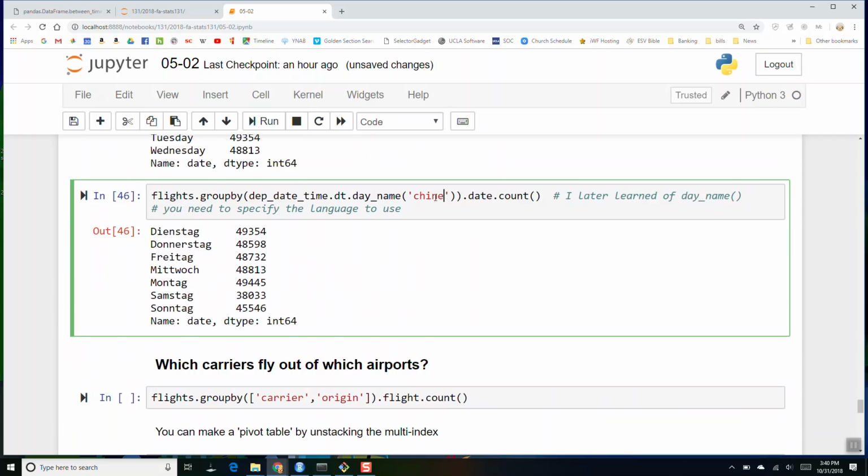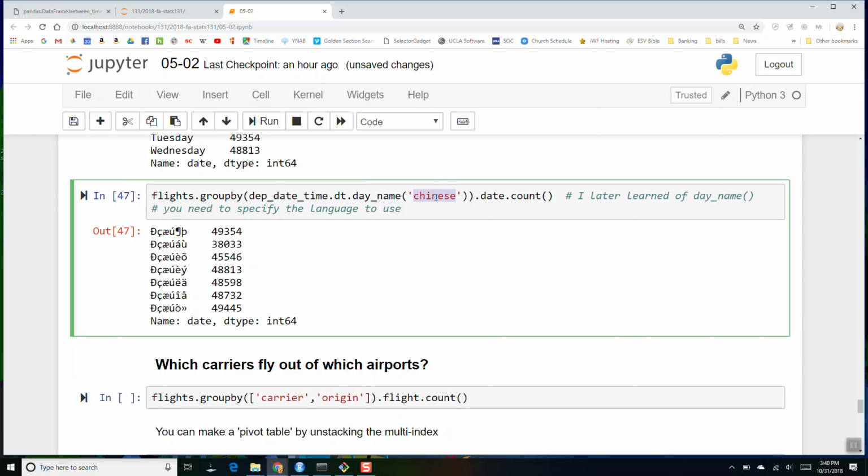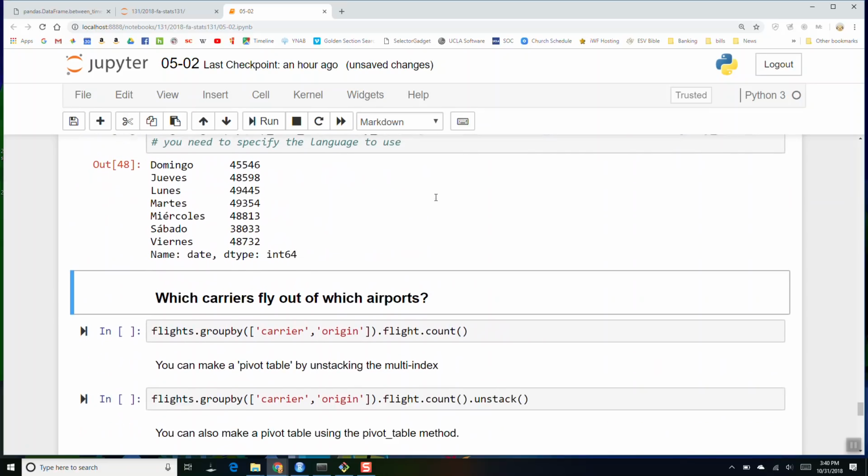And then I tried like this, but it didn't produce properly. I don't know what languages are supported, but at least Western European ones are.